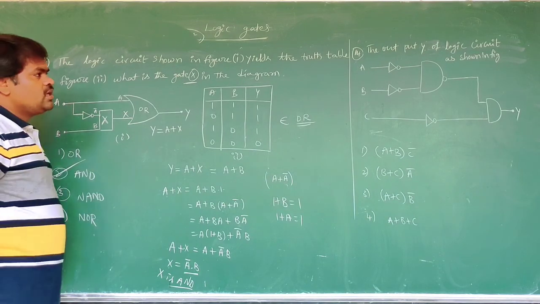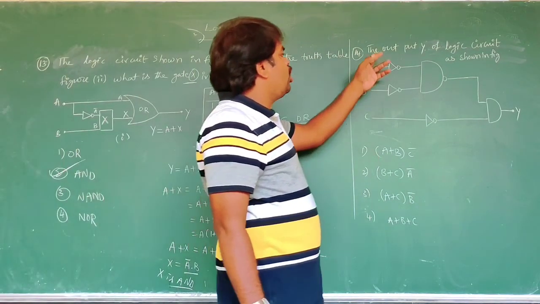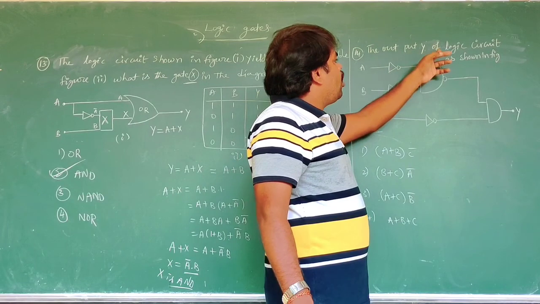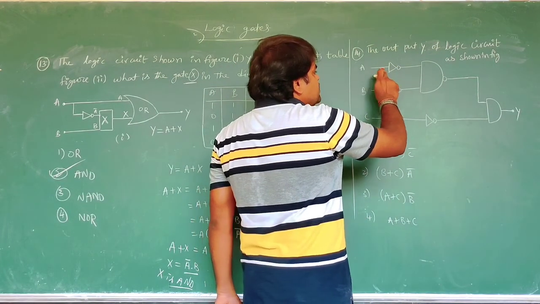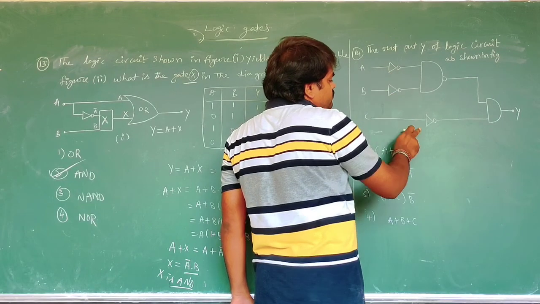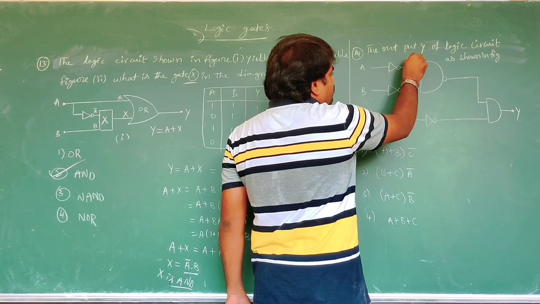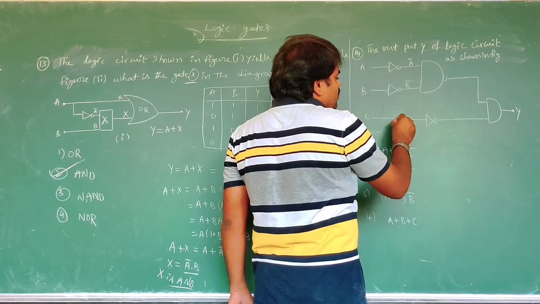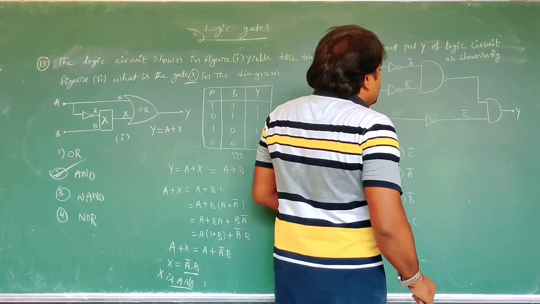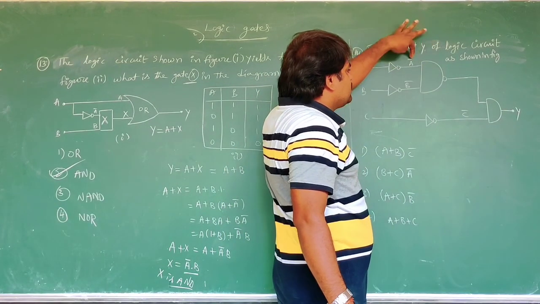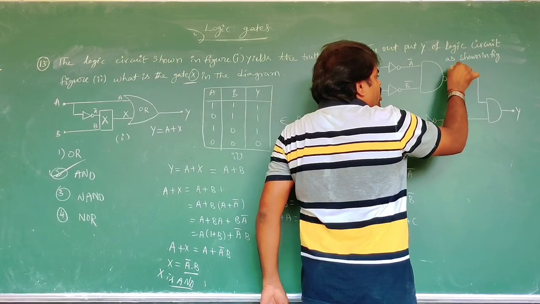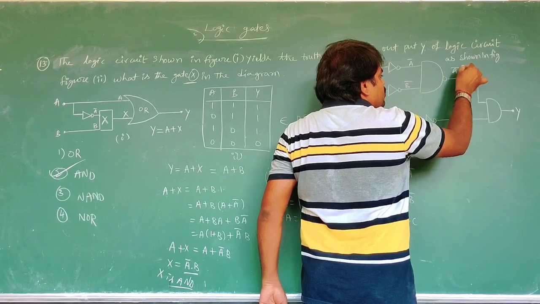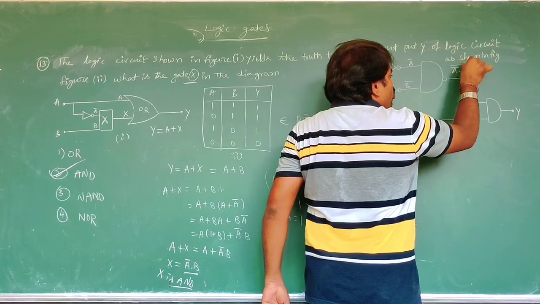Now the output Y of the logic circuit as shown in the figure. Here it is a NOT gate, that is A bar, it is B bar. Now it is the C bar. Now NAND gate, A bar B bar. Here NAND gate means A bar dot B bar, whole bar. NAND gate means whole bar.